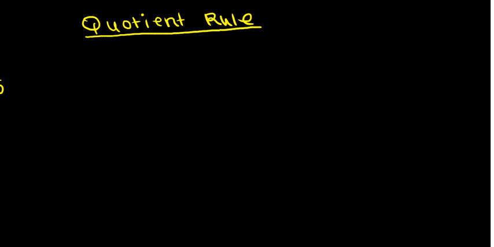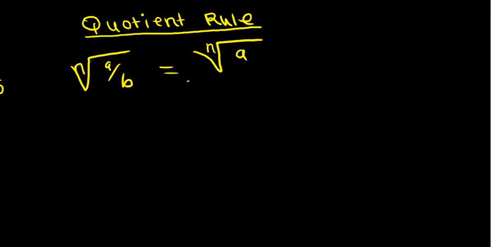So the quotient rule will just be like this. You have the nth root of a over b. So this is the same as the nth root of a, then you divide by the nth root of b.